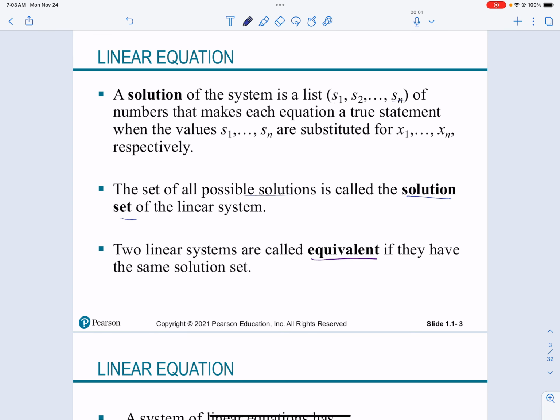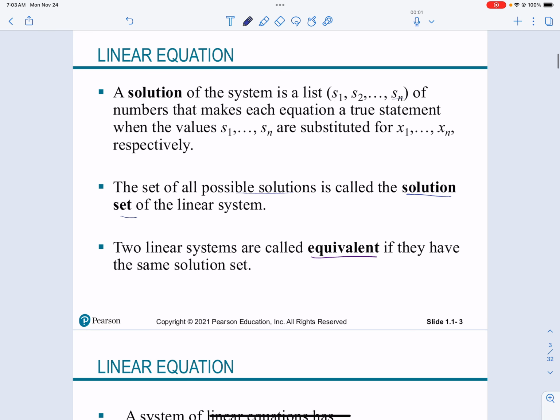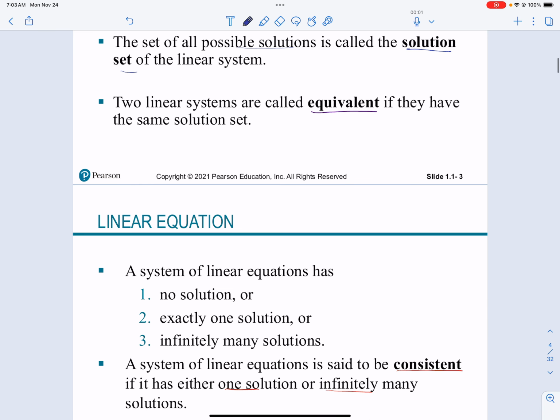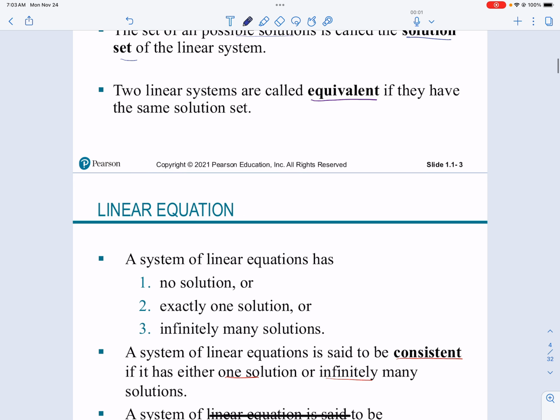You guys remember, for a system of linear equations, it has what? No solution. Do you know, like in algebra, what no solution means? In 2 dimensions, an easy example, 2 dimensions means only x and y.